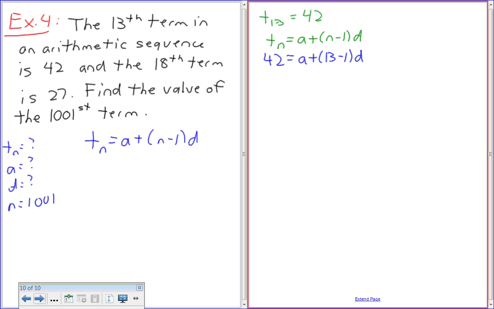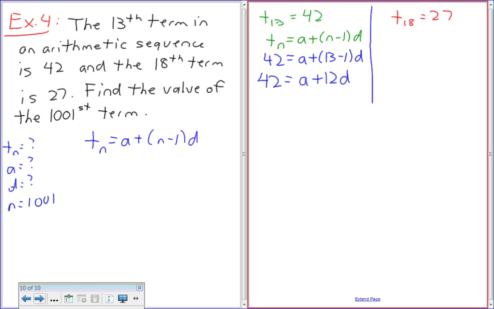So I'm going to write this as 42. Okay, can someone do something similar with T18 equals 27? Now, I want you to stick with this method, even if you did it a different way, because this is the simplest type, honestly, it is a substitution. But as we get to the more complicated equations, you're not just going to do it all in your head, so I want you to start with the process here.